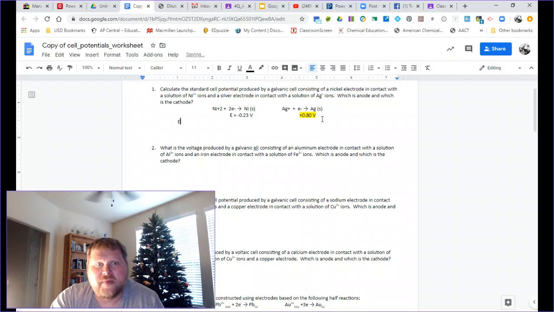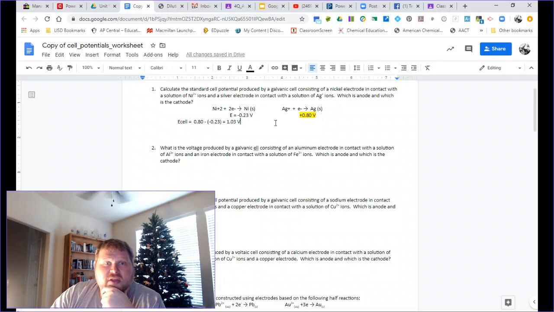So now to find my cell potential, all I'm going to do is subtract: 0.8 minus, don't lose that negative sign, that's very important, negative 0.23 volts. That'll give me, if I did my math correctly, 1.03 volts. So that will be the voltage for this first cell.